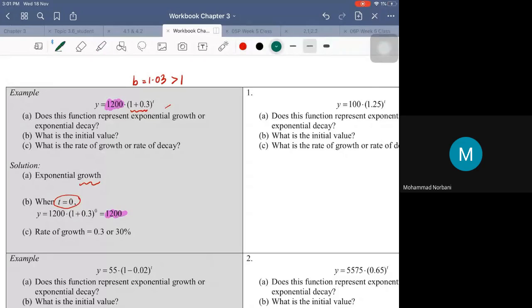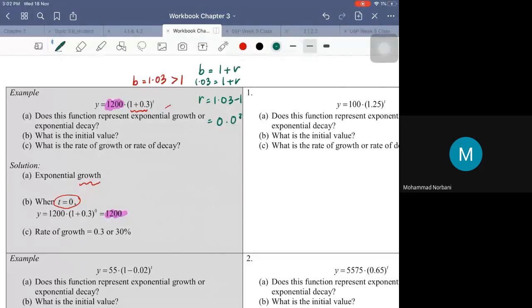Okay, so the thing about B adalah, B is equal 1 plus R. So sekarang nilai B adalah sama dengan 1.03 adalah sama dengan 1 plus R. So berapa nilai R? So R adalah sama dengan 1.03 tolak 1, which is going to equal 0.3.